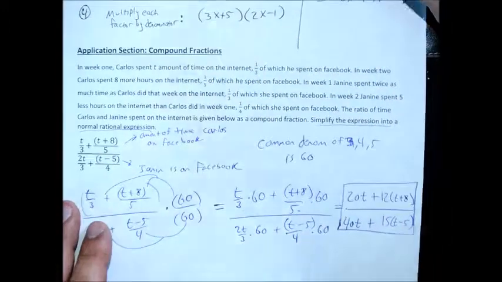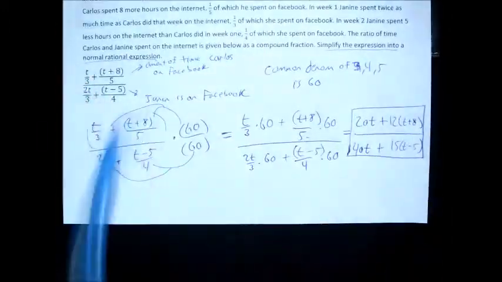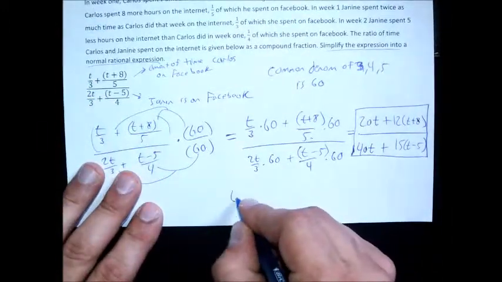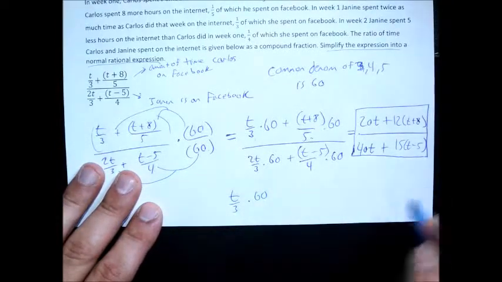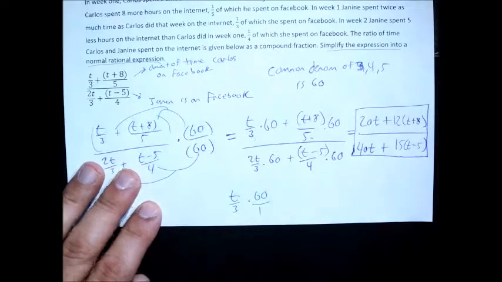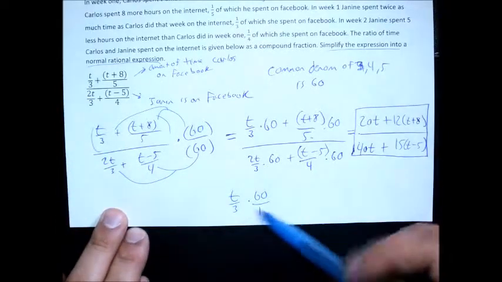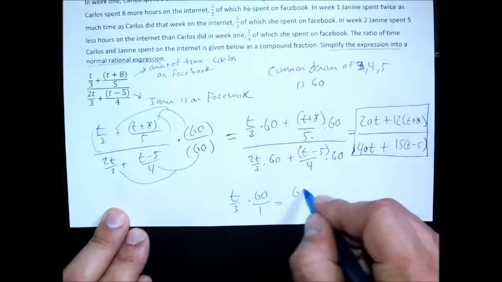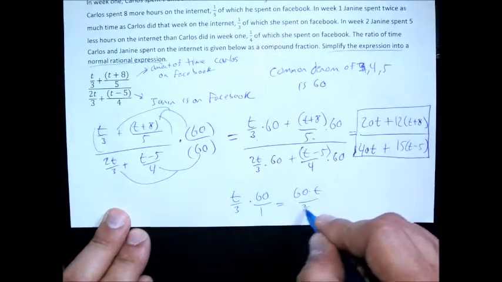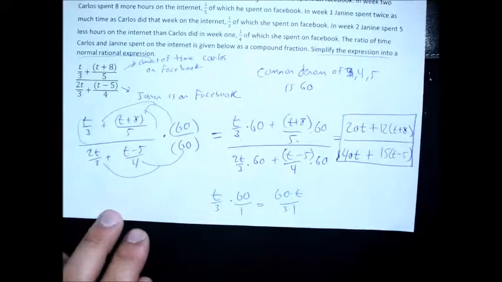And so when we have something like t over 3 times 60, it's like a 60 over 1. And so when we multiply fractions, we multiply straight across. And so we get 60 times t over 3 times 1. Right?